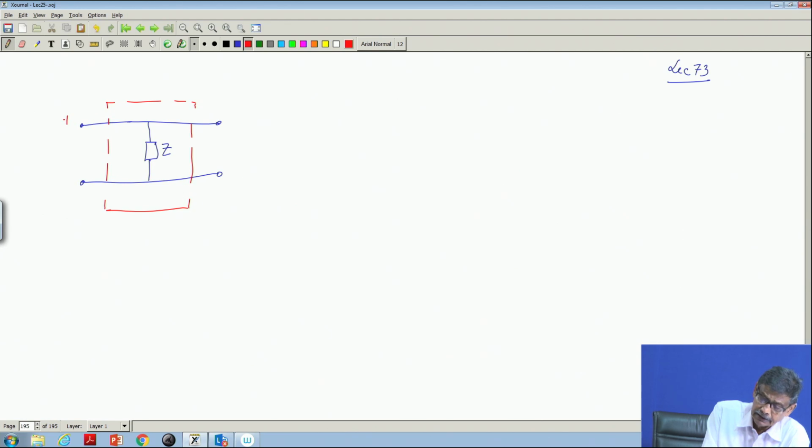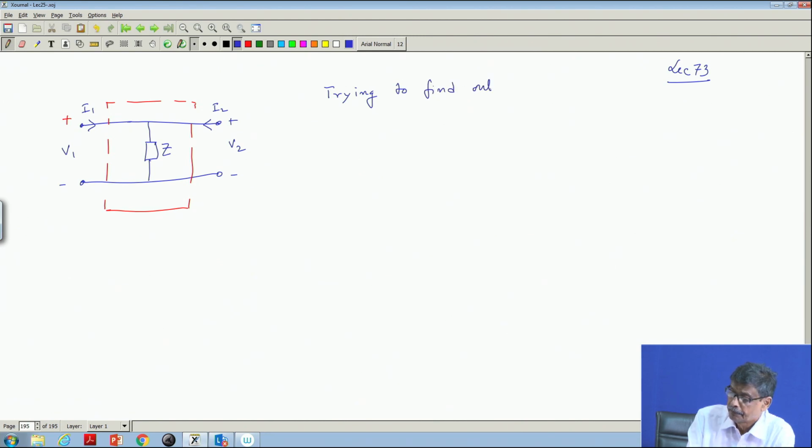This one is the convention for I1, and this one is the convention of the two port network. I will always maintain this, and I want to find the z parameters of this network.